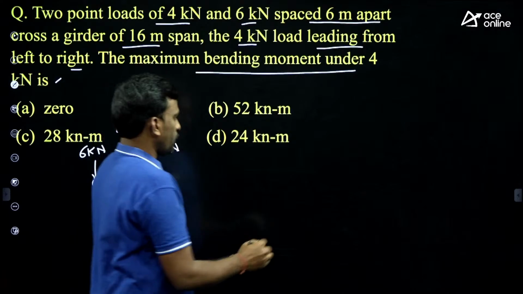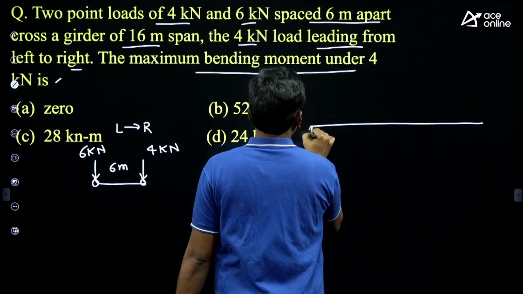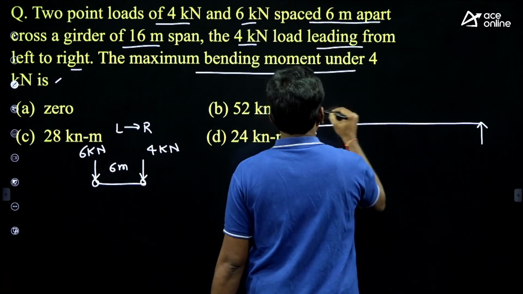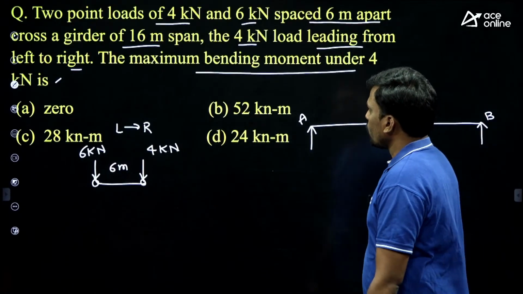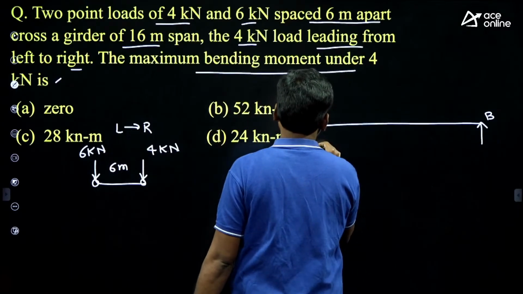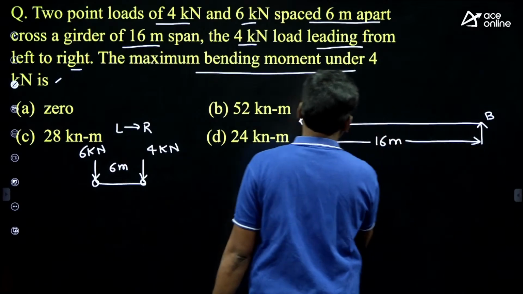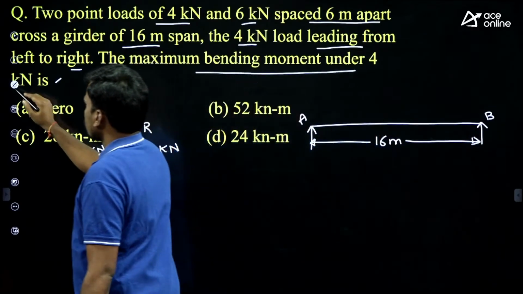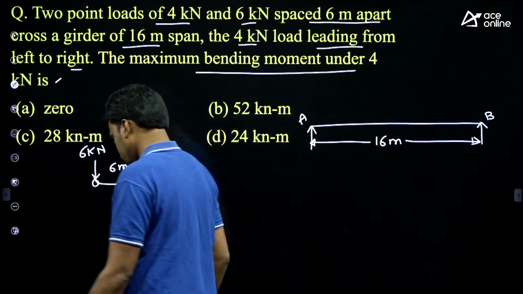Students, in the question, if the type of beam is not mentioned, always consider it as a simply supported beam only. So what is the span of the beam? 16 meter is given. So this is 16 meter. Right. So first, can you find the center of gravity of the loading system?